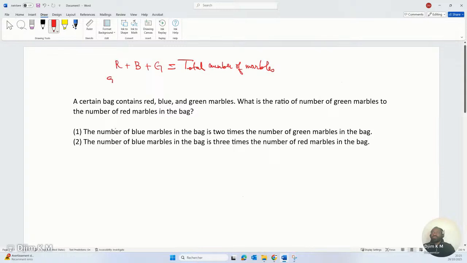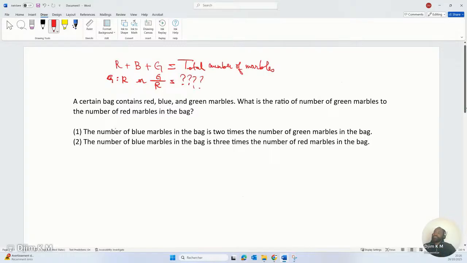So we are looking for the ratio of green marbles to the number of red marbles, or G over R. That's what we're looking for.